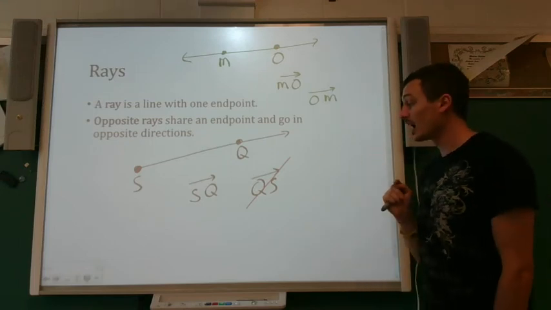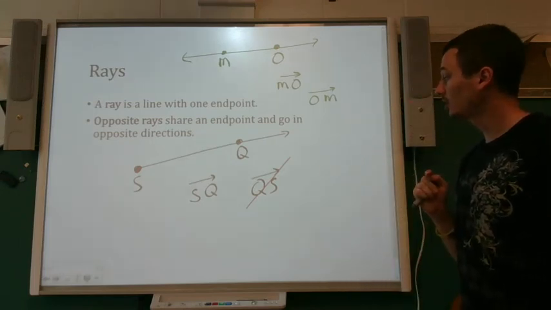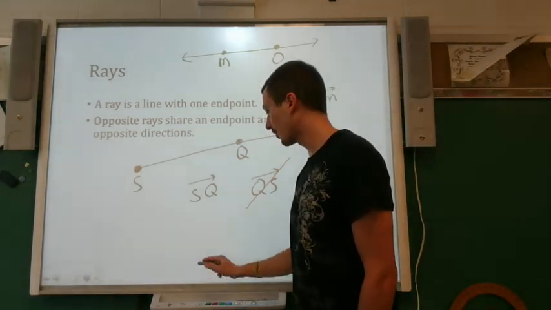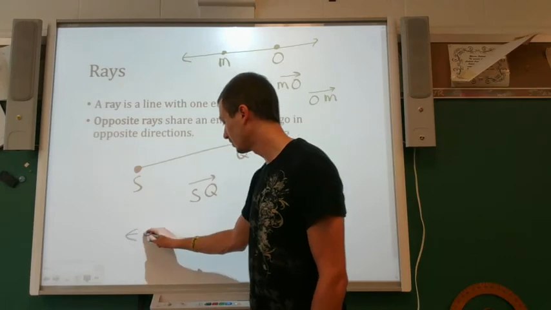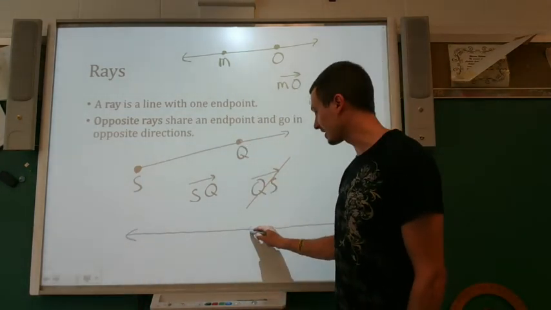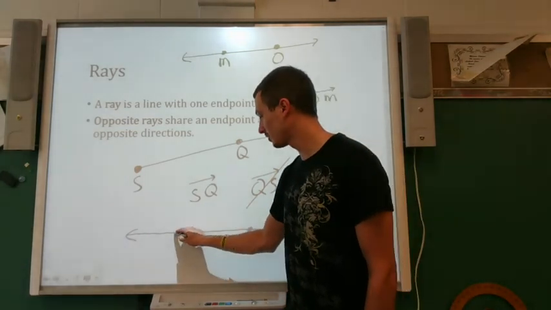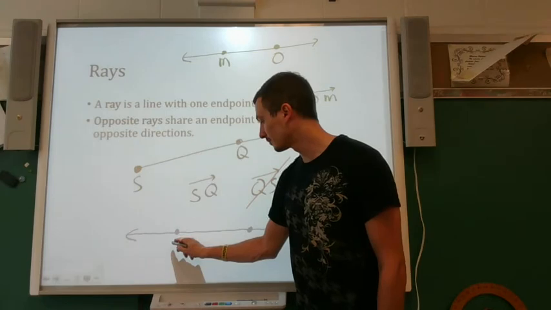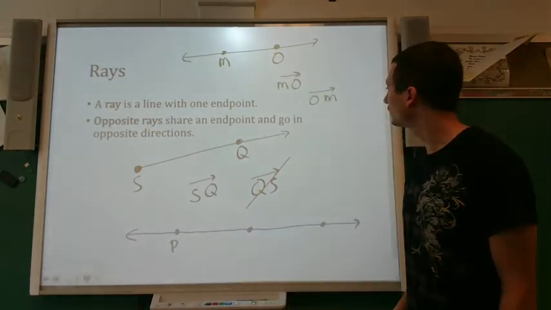Also, there are opposite rays. So let's say I have this third line, and this line has, we're going to put 3 points on it. P, Q, R. Nope, don't want to use Q again.